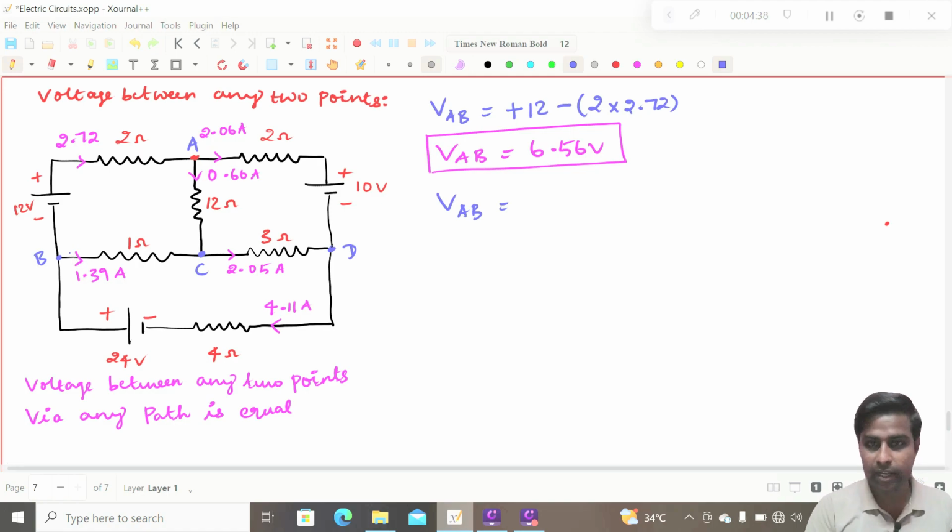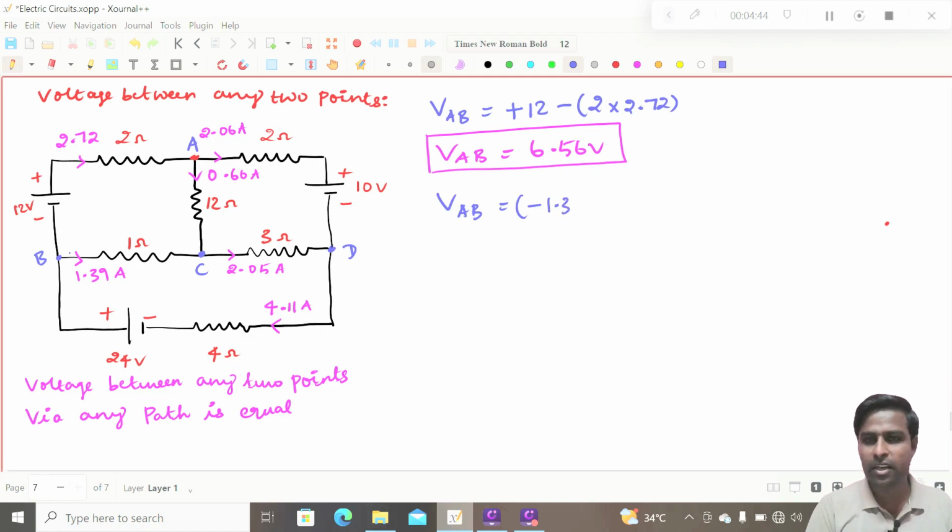So directly you have to put minus 1 into 1.39, which gives 1.39. That's all, right? Then I have to come here. Here also I am going in the same direction as the current, so obviously I need to put minus 3 into 2.05.